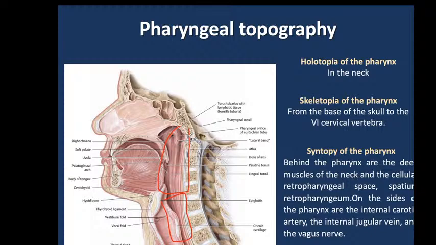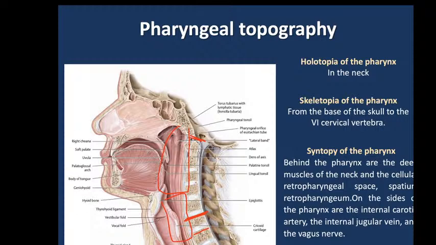The skeletopy: it comes from the base of the skull, and it ends on the sixth vertebra here. This is the level between pharynx and esophagus, located down.